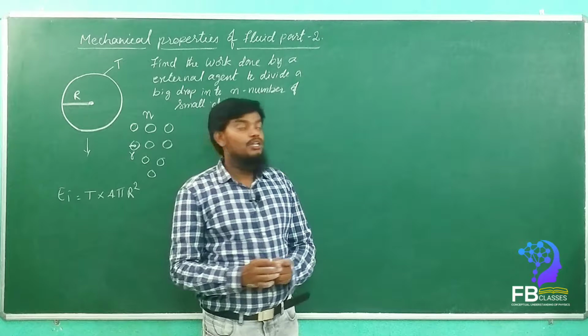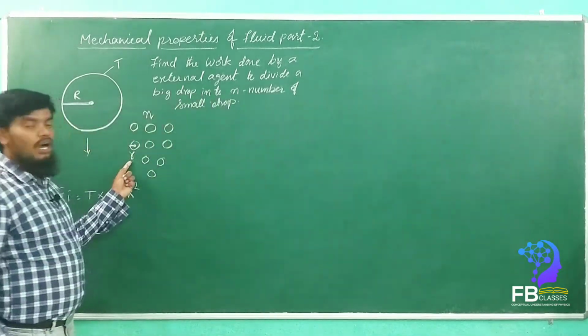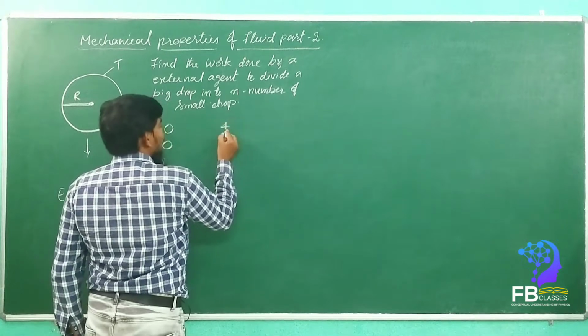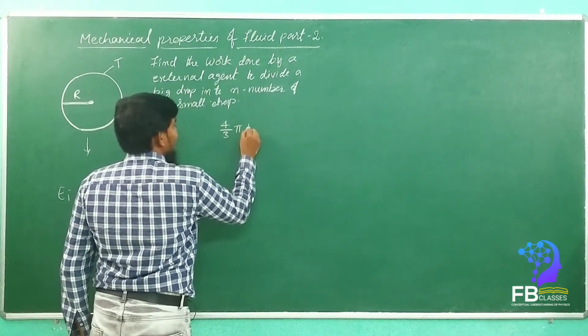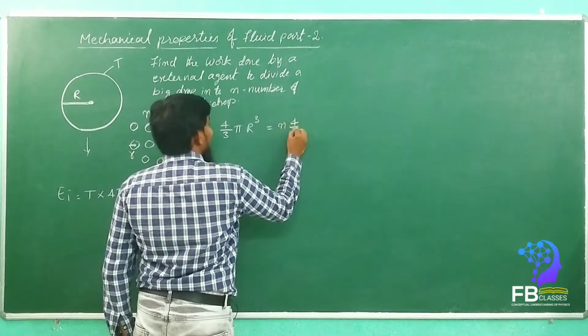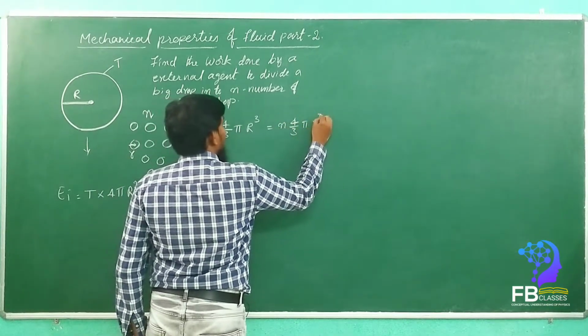So 4 by 3 pi R cube is equal to n into 4 by 3 pi small r cube.